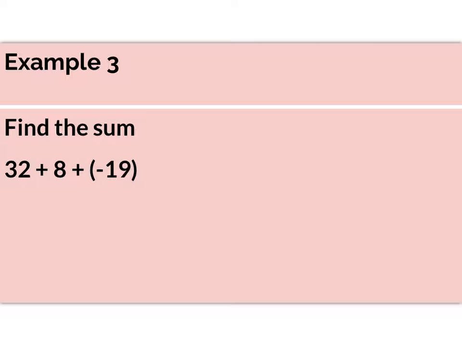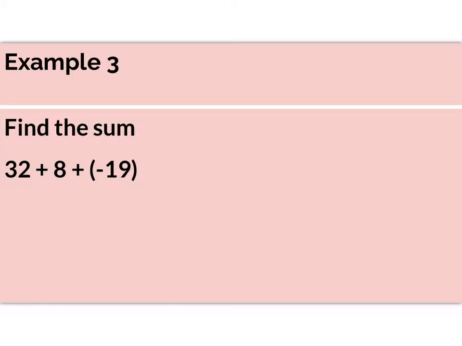Okay, so now here we have three numbers. So what I suggest here is you group the positive numbers and then the negative numbers. Since there's no sign in front of 32, we're going to put a positive in front of it. And so we're going to do 32 plus 8, which gives us 40. And then we're going to deal with the -19.